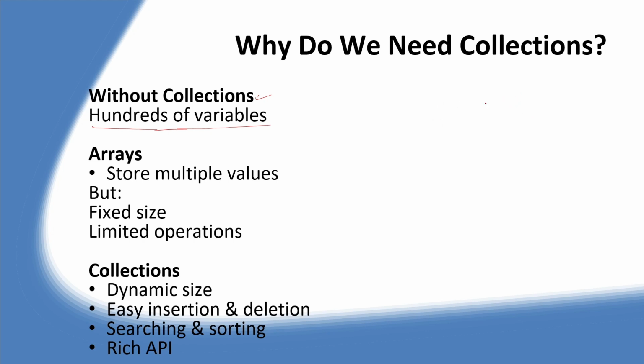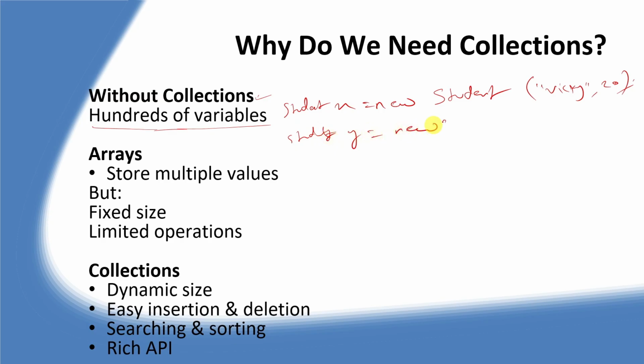If we don't have a collection, then for each student object, like new student Vicky, age 20, I will assign it to another variable, student X. Then again student Y equal to new student Rahul 24.